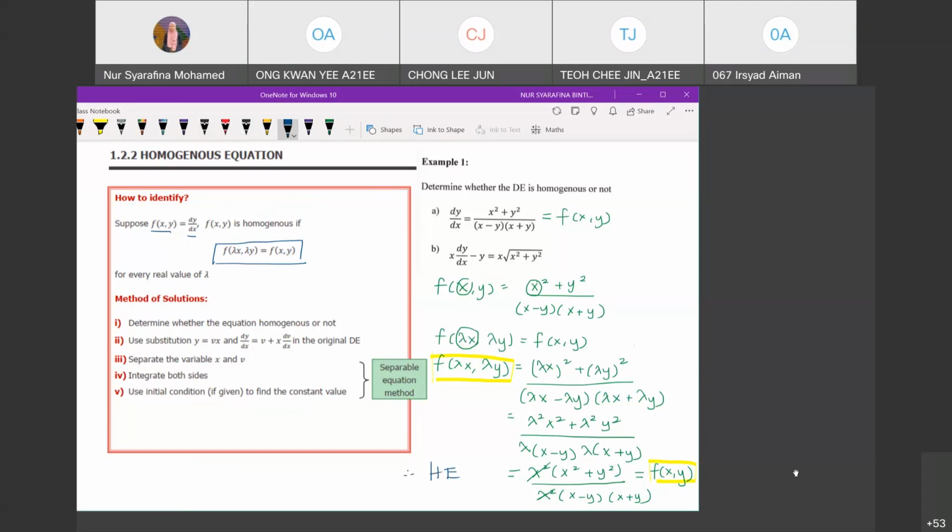Okay, if you understand, why don't you try B? Is it homogeneous or not?